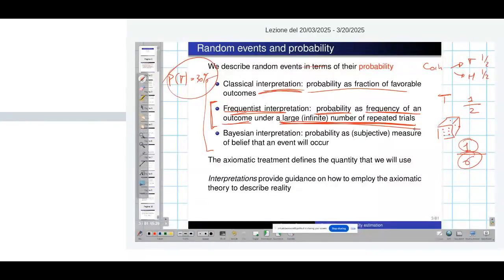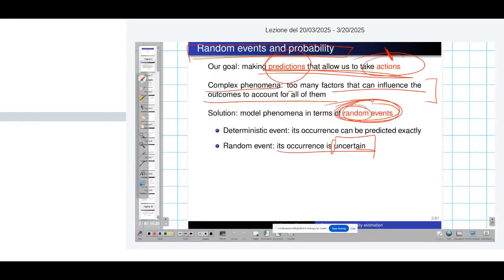If my outcome is random, it's because there are factors that I don't control that influence the outcome. So whether I get tail or head is random because there are factors, like the force that I use to toss the coin and so on, that I don't control perfectly. But if I use a frequentist interpretation, I said that I repeat the same experiment several times.